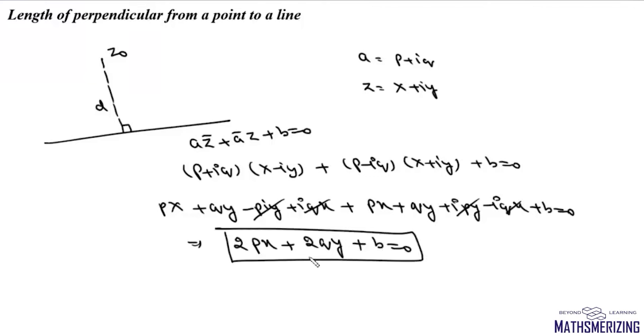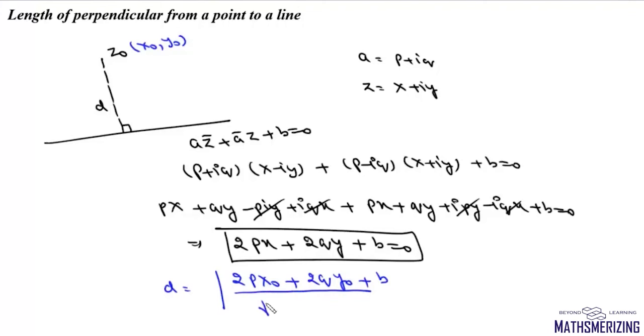Now we have to find the perpendicular distance of this point Z0, which is given by, say, X0 and Y0, from this line. We know that this perpendicular distance will be given by the mod of 2Px0 plus 2Qy0 plus B upon under root of 4P square plus 4Q square.